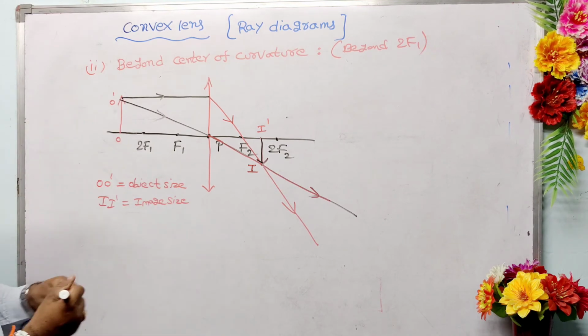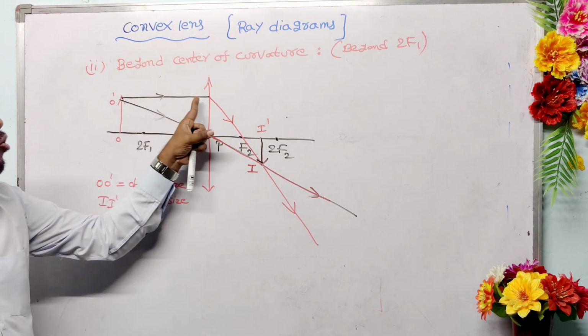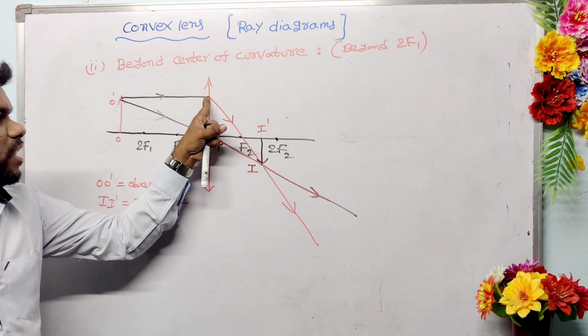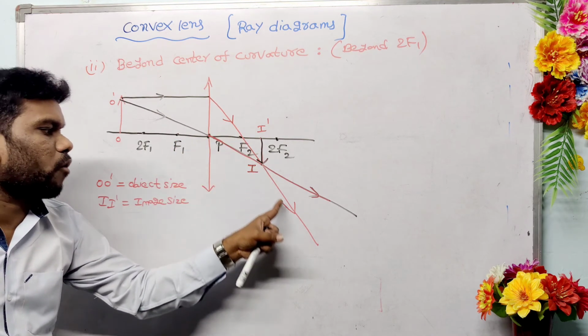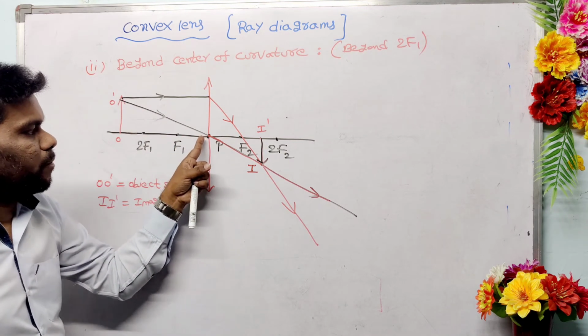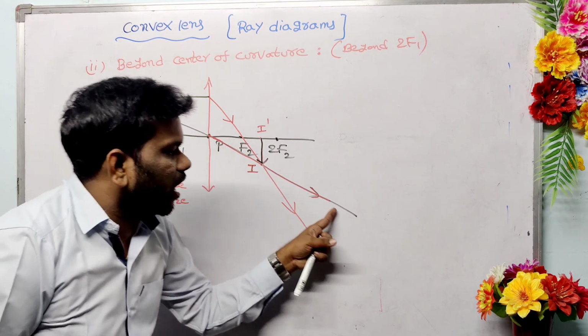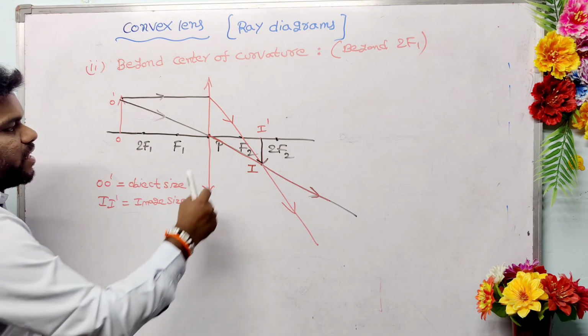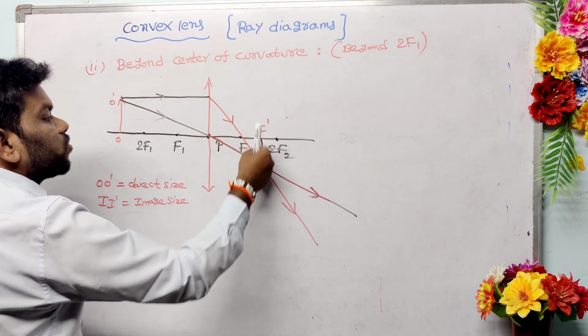Yes, first one: light ray parallel to principal axis, after incident on lens, passing through focus. Second light ray passing through optic center, adala వెళ్ళిపోతుంది. సో ఇక్కడ ఈ రెండు లైట్ రేస్ ఇక్కడ కలుసుకున్నాయి. ఎక్కడ?